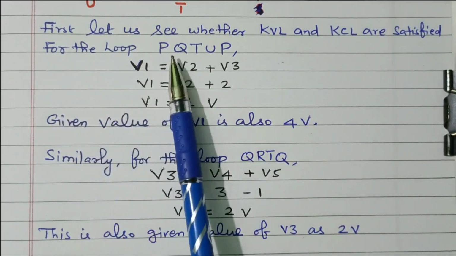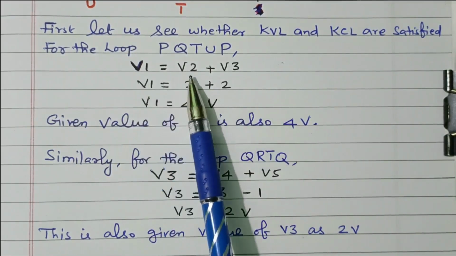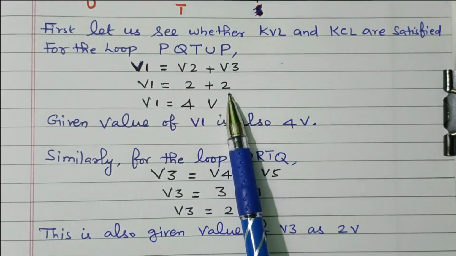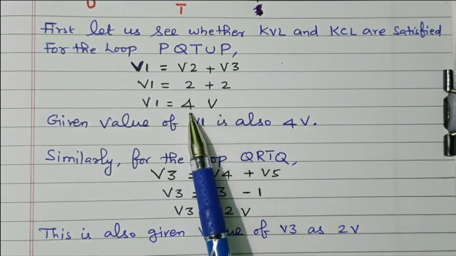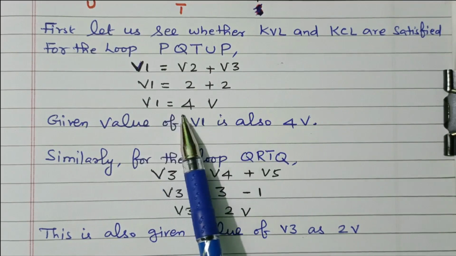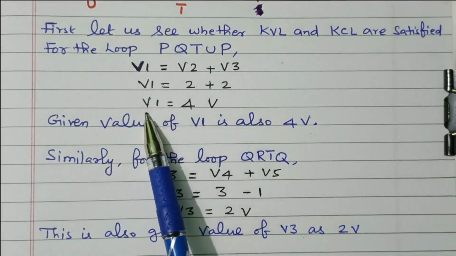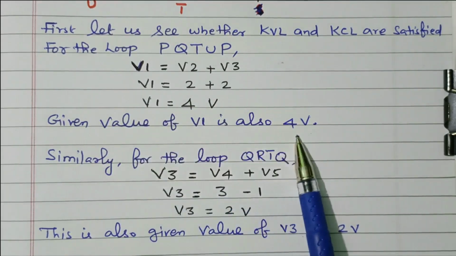For the loop P, Q, T, U, P, we already discussed V1 equals V2 plus V3. V2 is given 2 volts, V3 also 2 volts. So 2 plus 2, 4 volts. V1 equals 4 volts. Already V1 is given as 4 volts. So by analyzing the KVL, we got V1 equal to 4 volts, which matches the given value for V1.